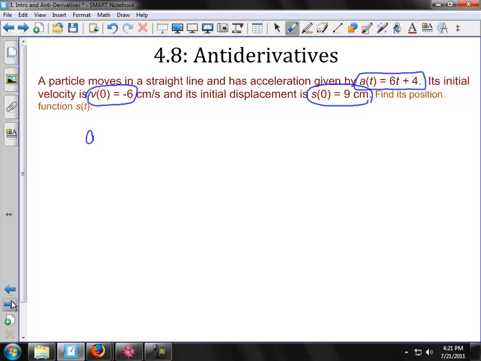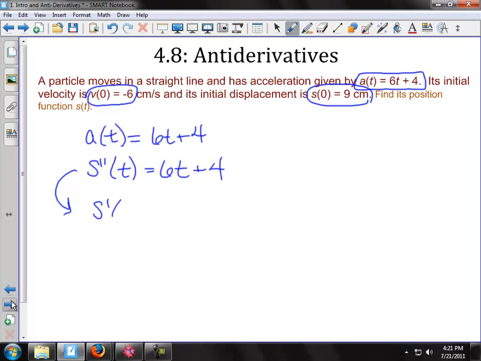So the acceleration function, remember that's the second derivative of position. So that's s double prime. And if we want to get to s, we need to take antiderivatives. So we take the antiderivative of s double prime, we get s prime, which is also the same as v.